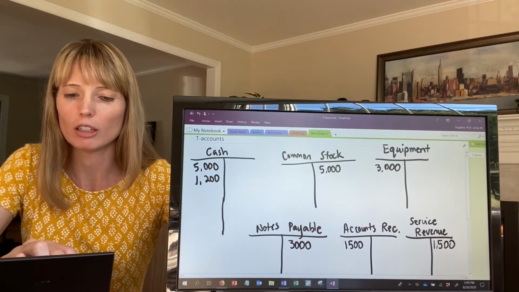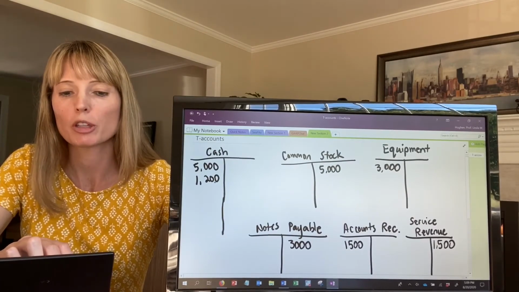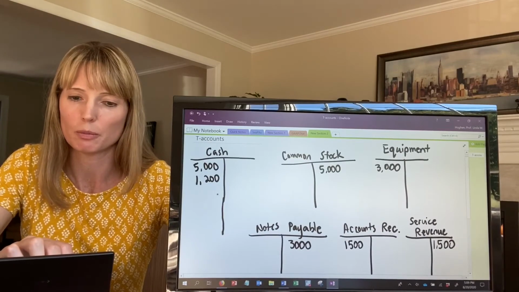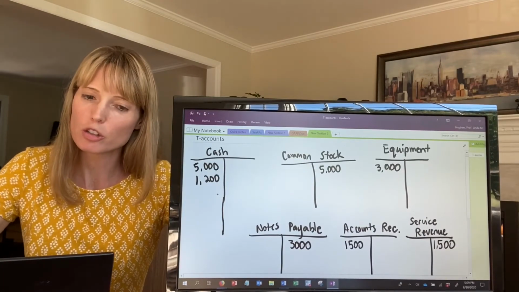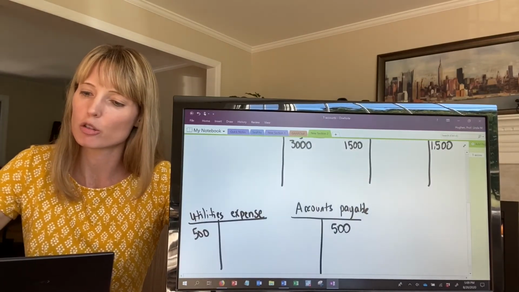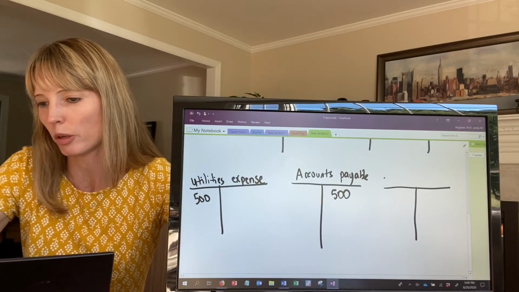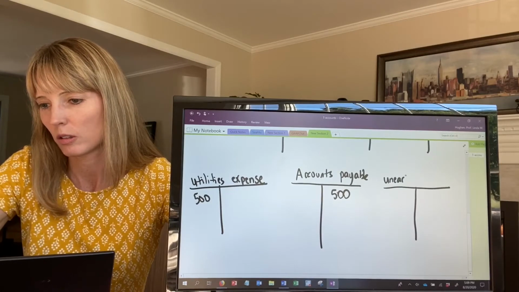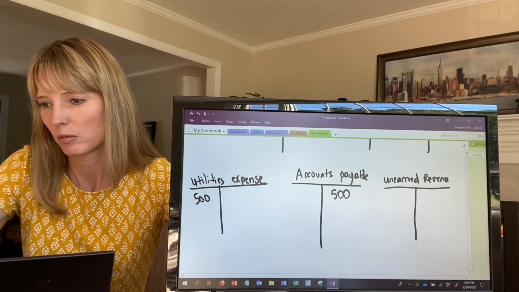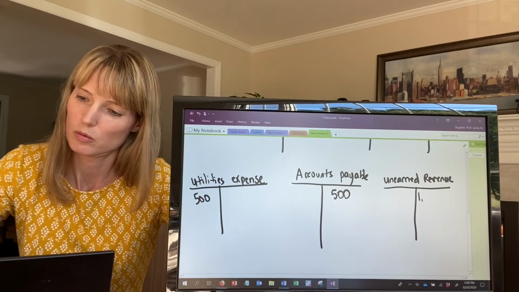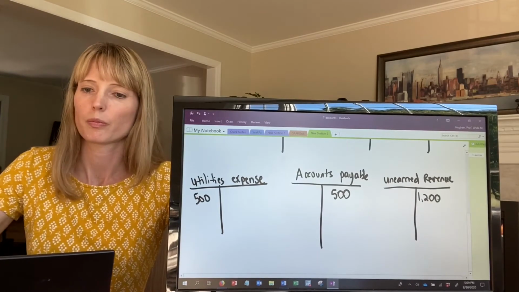So cash changed by $1,200, but the balance is now $6,200. And we also need to show that unearned revenue, that liability account, just increased from 0 to $1,200.